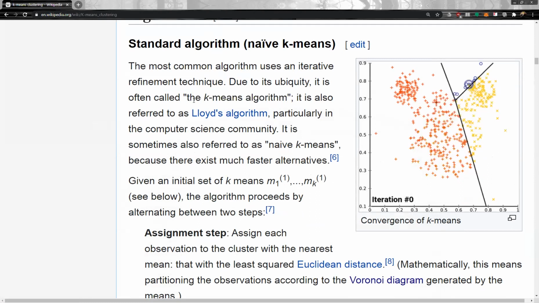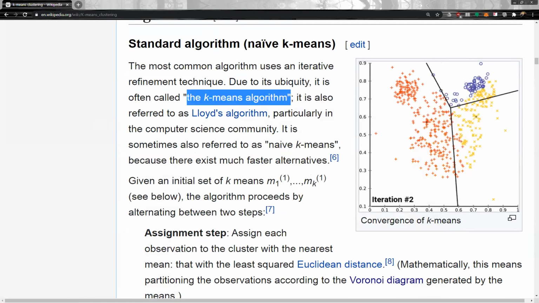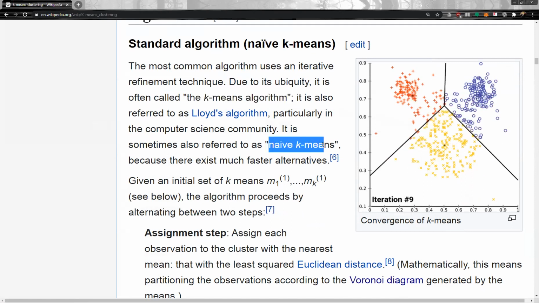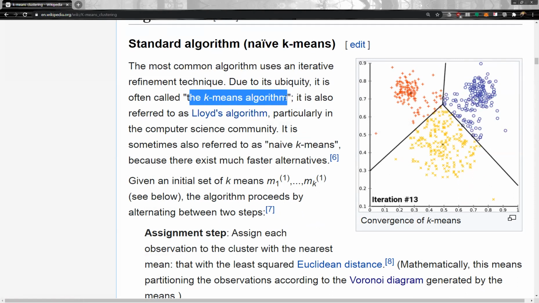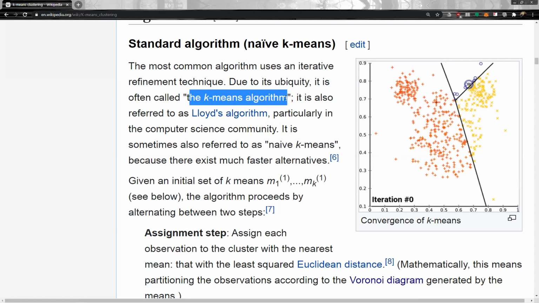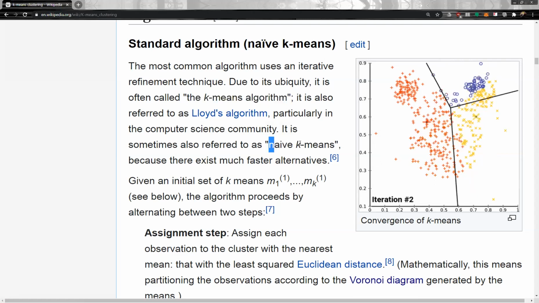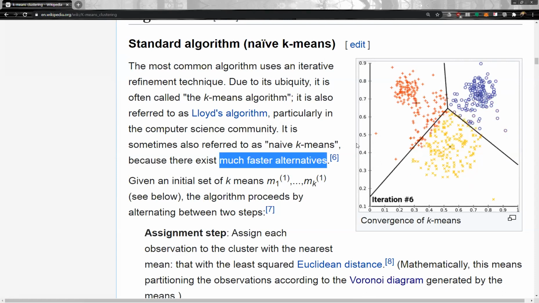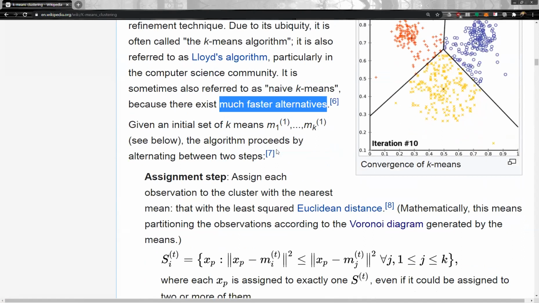So we have naive k-means, Lloyd's algorithm, the k-means algorithm; they are all the same. It is naive because much faster alternatives exist, but this naive k-means algorithm is the most intuitive, so I'm going to explain that.